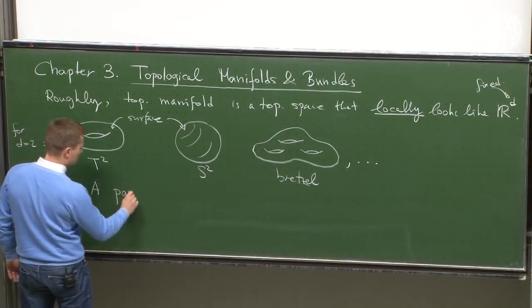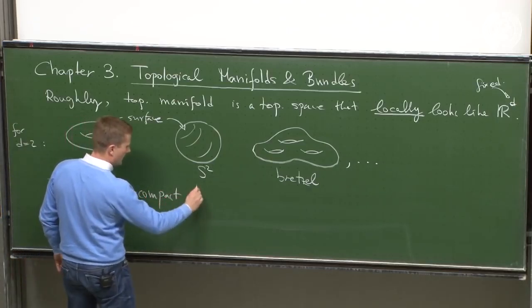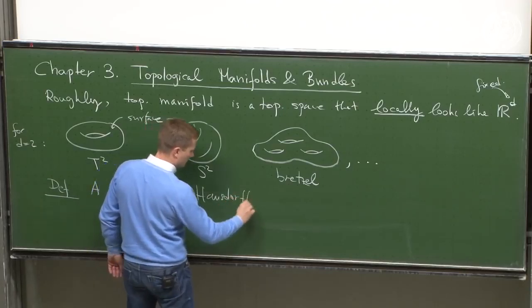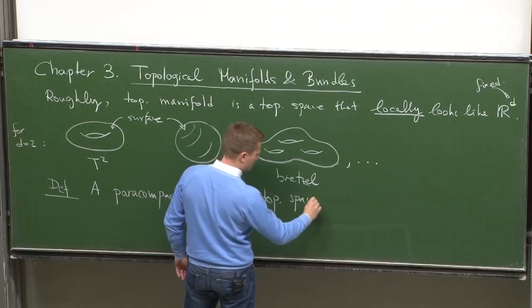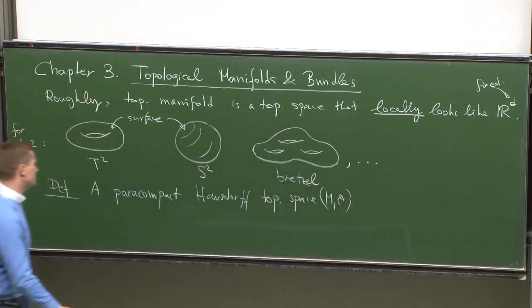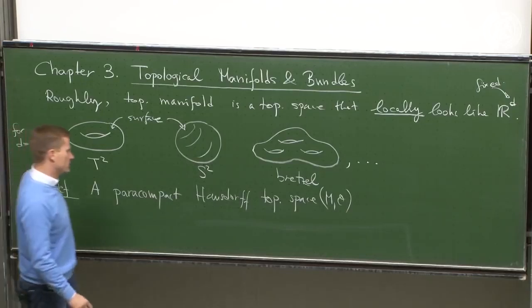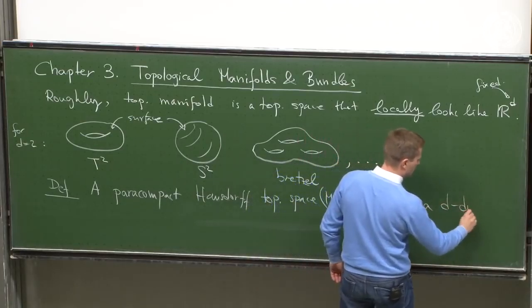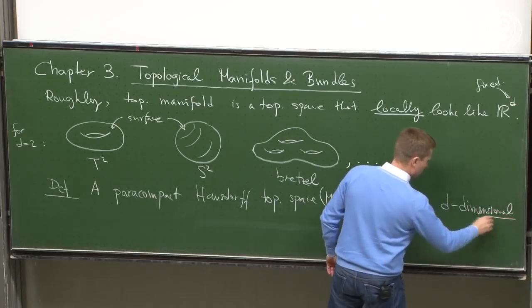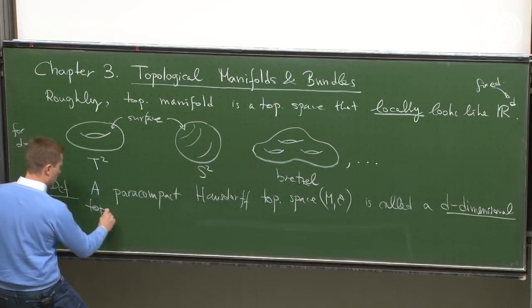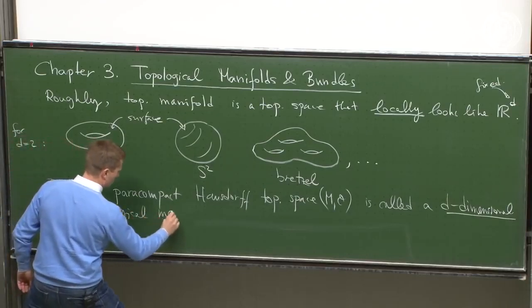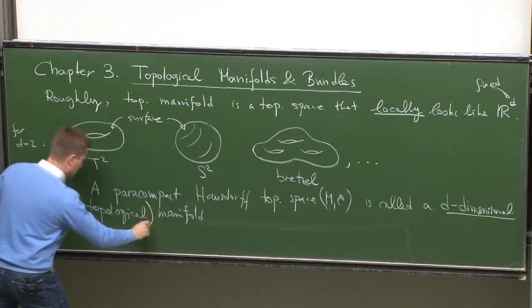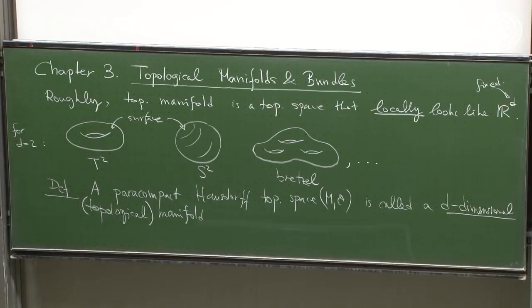A paracompact Hausdorff topological space, M. So you see we raise paracompact and Hausdorff to conditions here, is called a d-dimensional topological manifold, and usually we do not say topological manifold, we just say manifold, but it's used here as a qualifier to distinguish it from manifolds that have even more structure, which we're going to look at later.